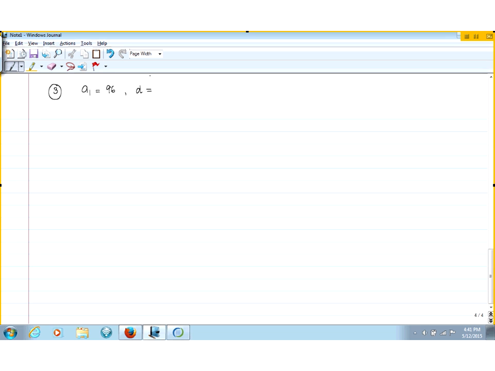Actually, this is the previous problem. Yeah, we know A1 is 96 and D is equal to -3, right? So this is from the previous problem. Okay. So should I call it D? Maybe not. Let me call it C. Yeah. Now, given this, which is actually the previous problem, find the recursive formula for the sequence.